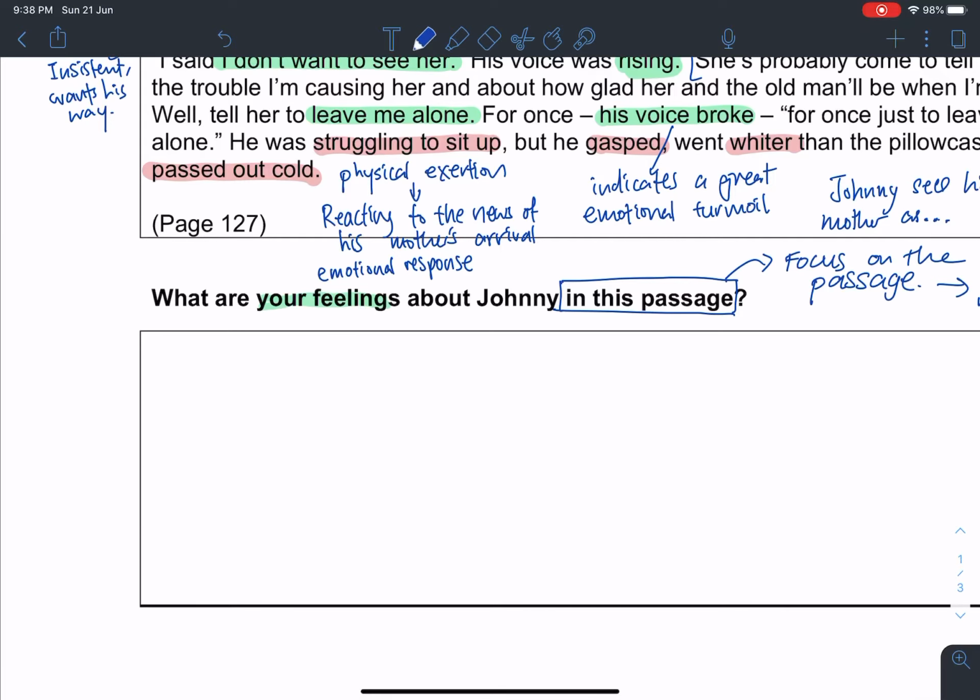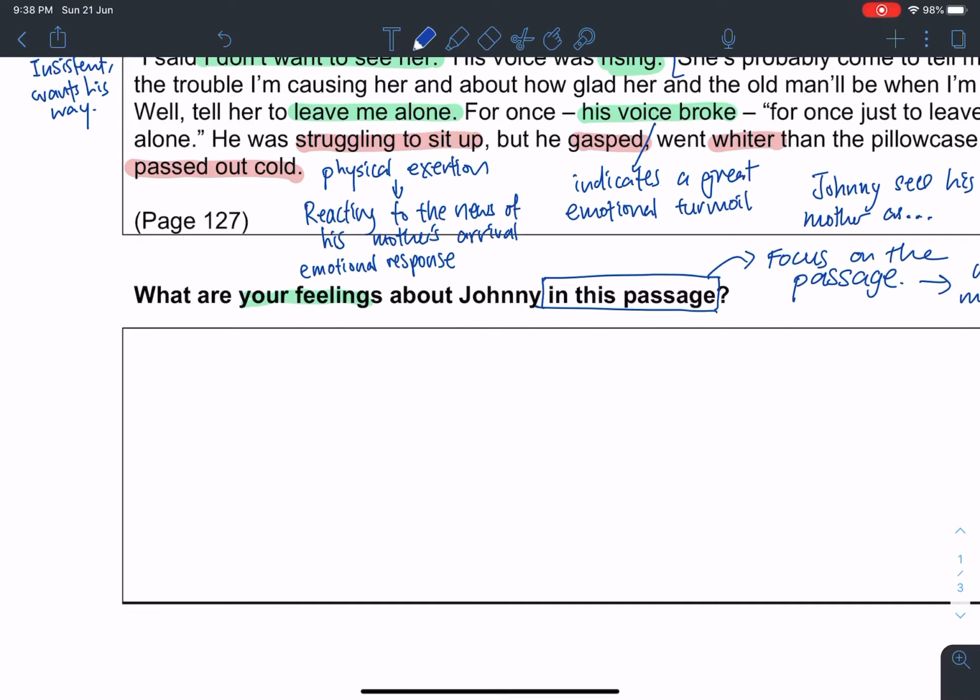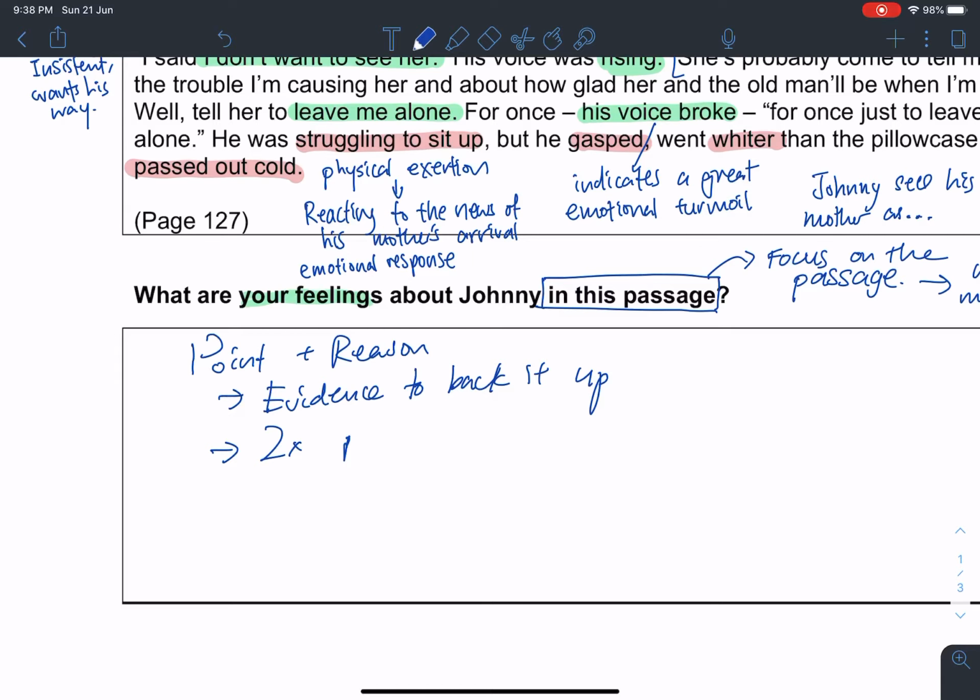What are your feelings for Johnny? If you are not sure, remember you always need a point and a reason. Okay, you need evidence to back it up. If you can, show me 2 pieces of evidence that demonstrate a pattern.